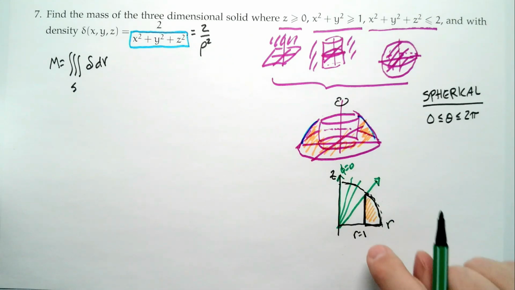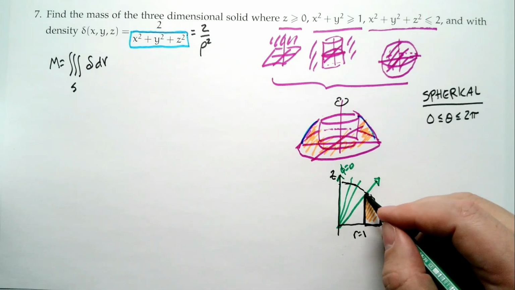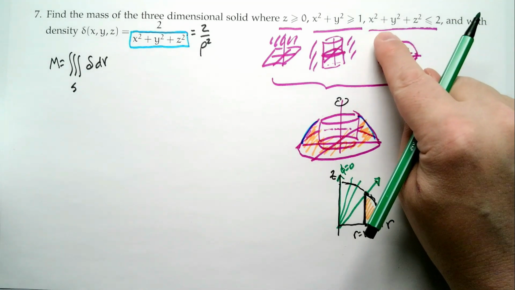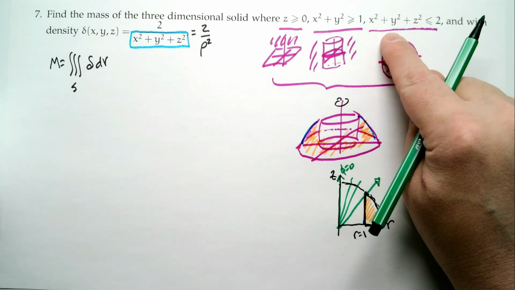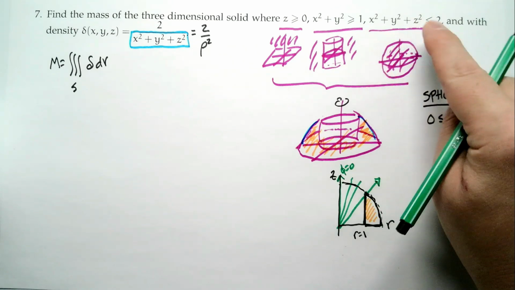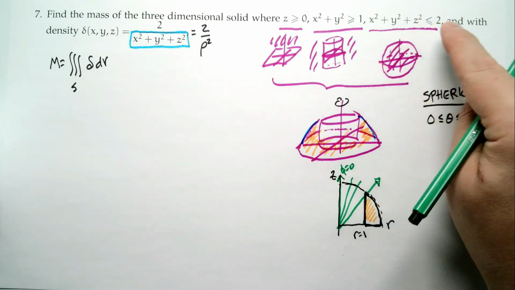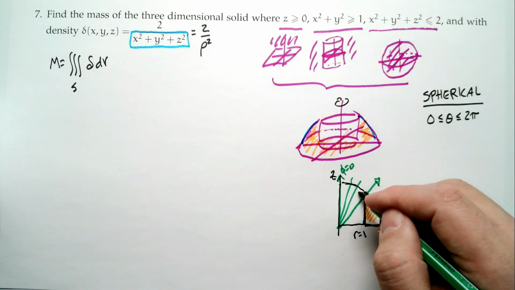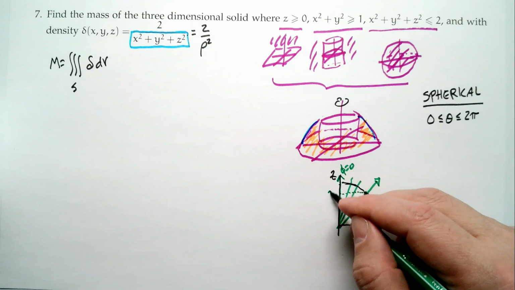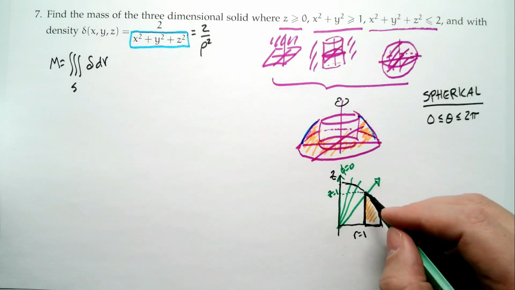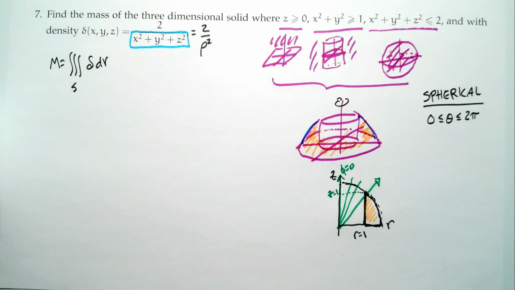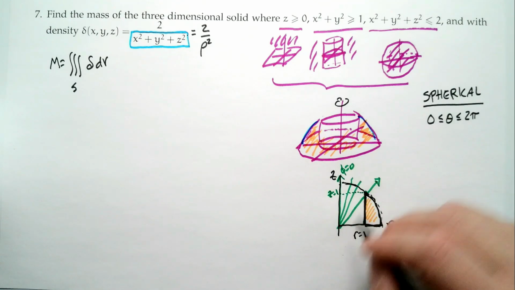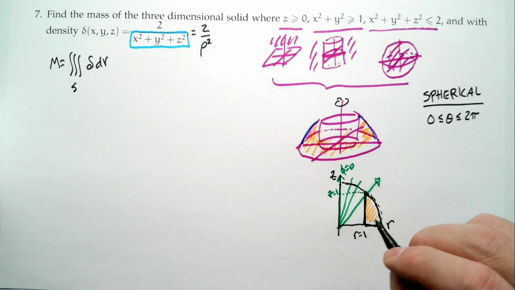Given that this is at r equals 1, x squared plus y squared, that's r squared, is 1. So 1 plus z squared is 2. That tells us this corresponds to z equals 1. So this is going through the point 1, 1. So what angle goes off in that nice direction?